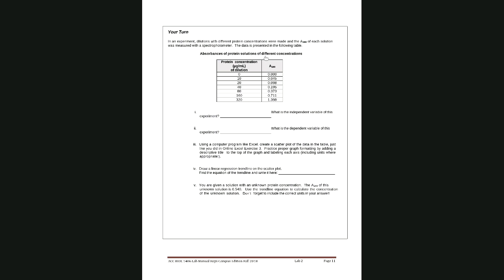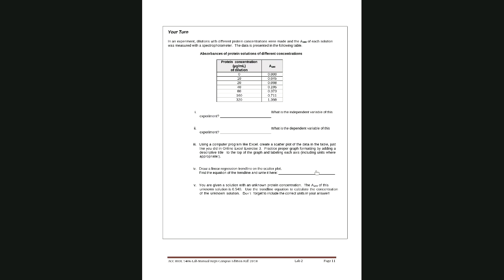Okay, it's going to ask you a couple of questions, and then it's going to say create a scatter plot. Remember, that's a graph. So you're going to create a graph. You're going to perform a linear regression analysis. It's going to give you the slope-intercept equation. You're going to do the linear regression analysis, and then you're going to ask it to show you the linear equation, the trend line equation, y equals mx plus b, right about here.